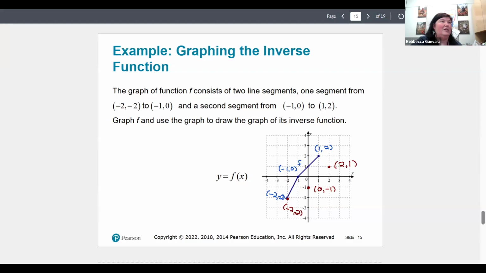Let me go grab my line tool. So this function would be your f inverse. And once again, if I draw that line of reflection, let's do it in green, we see that f and f inverse are just reflected over that line, y equals x.